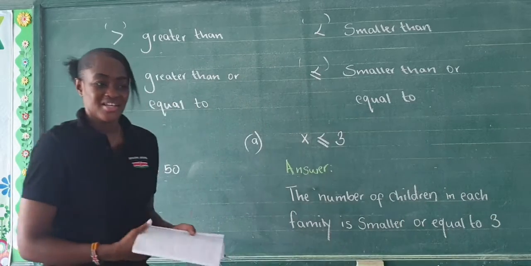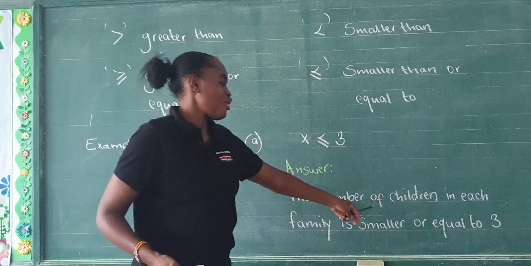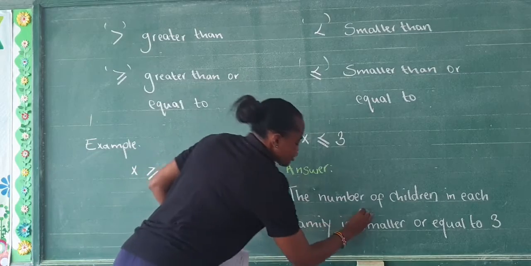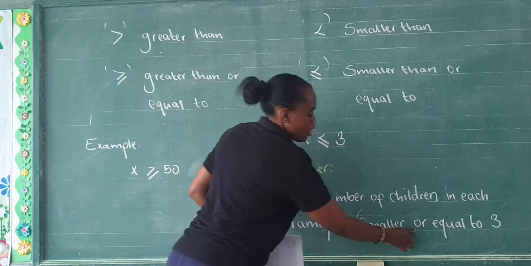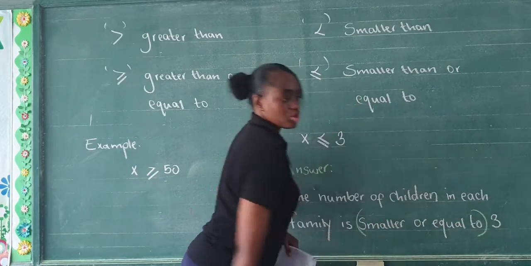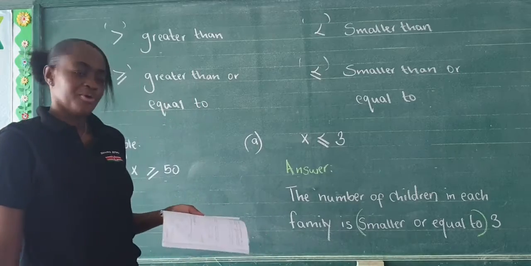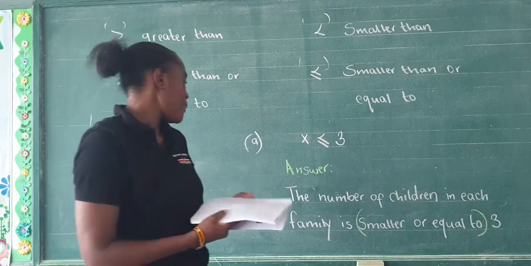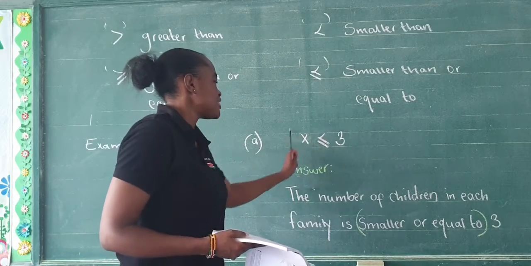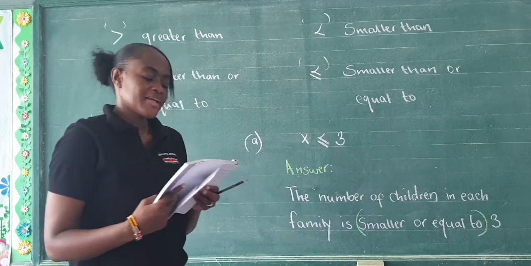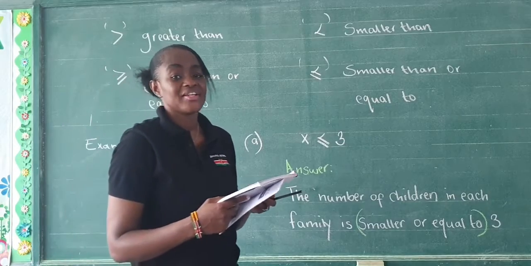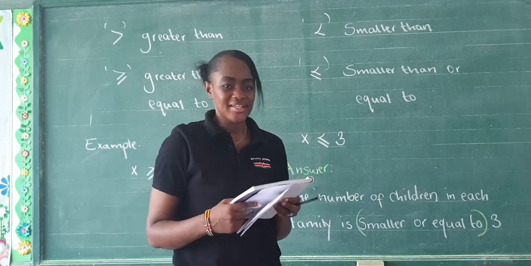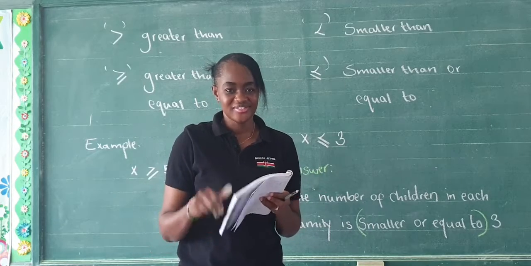You see what our answer is? The number of children in each family is, you have to highlight this one, smaller than or equal to 3. Okay, that is your answer. For part A, you use this symbol to write a relationship that represents the inequality.